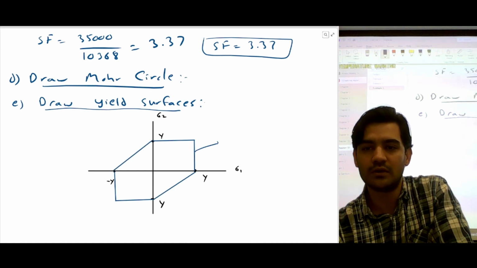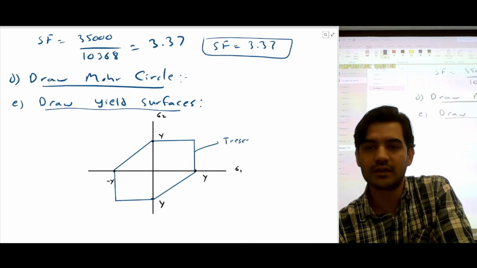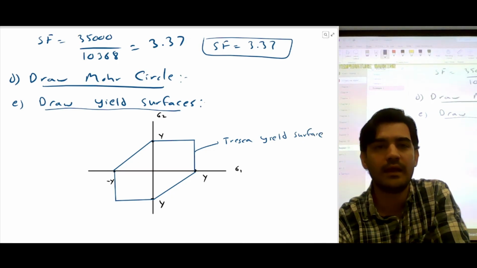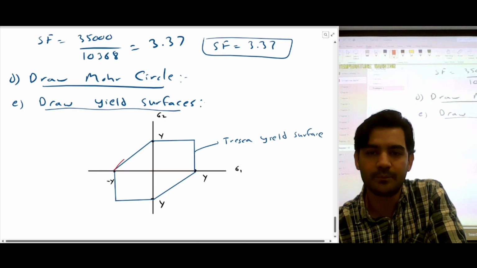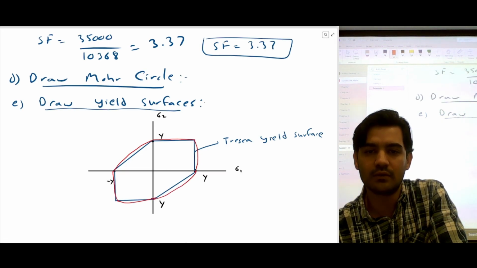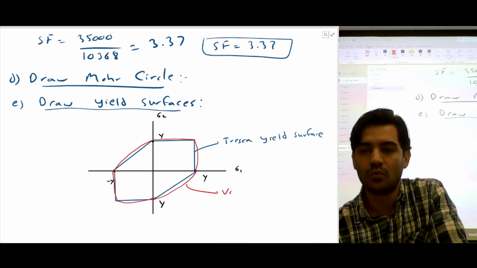This is our Tresca yield surface. And if you draw a parabola around it, that's our von Mises yield surface.